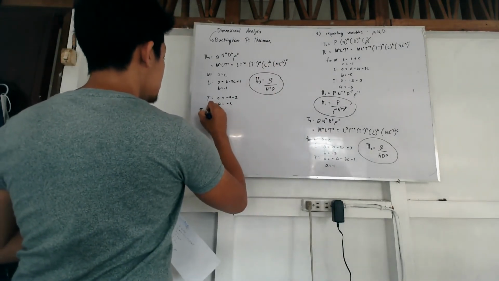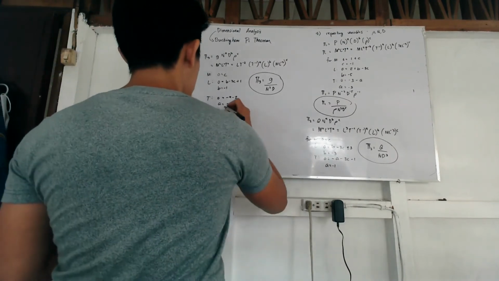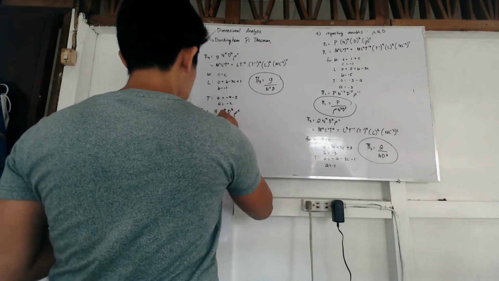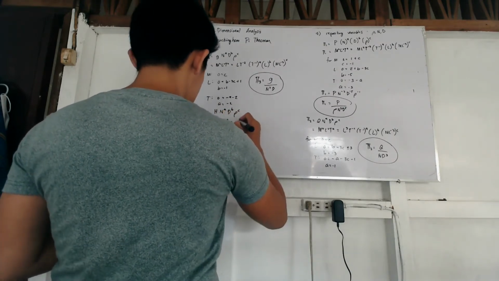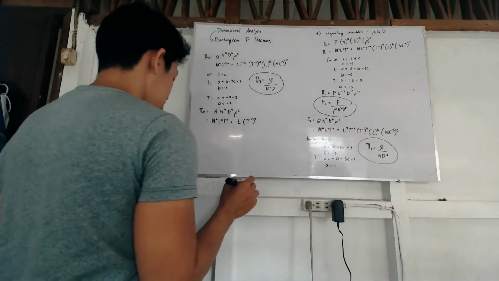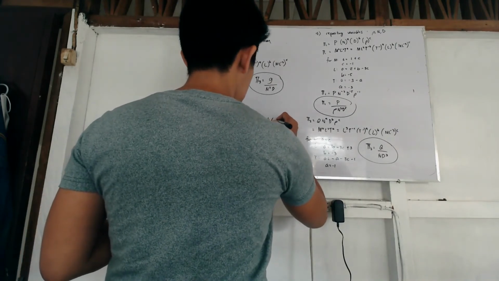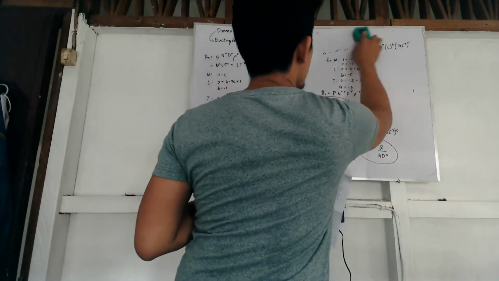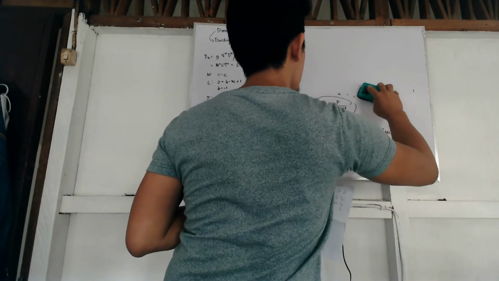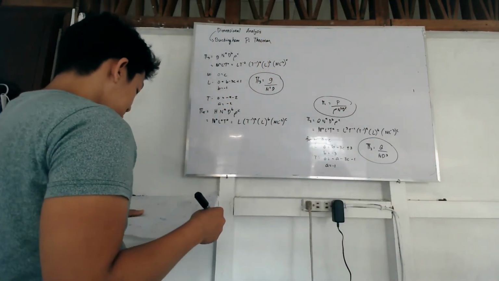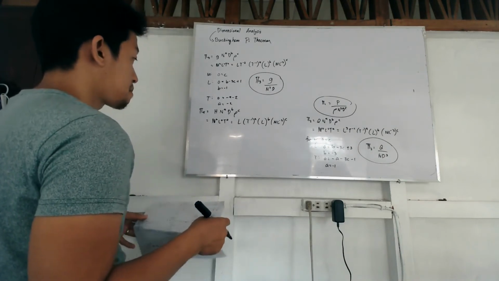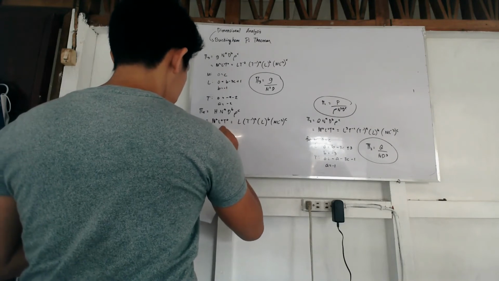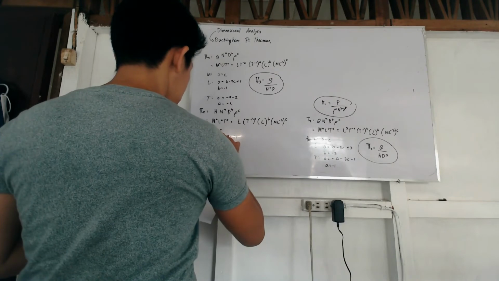Pi 4, H. So M is equal 0. B equals negative 1.